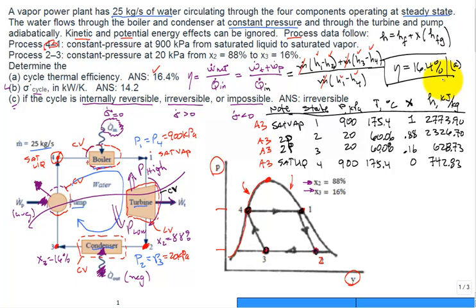So now, what is this term, this sigma dot for the cycle? Well, we're going to use the Clausius inequality. What's the Clausius inequality? It says that the integration over the cycle, that's why they put a circle right in the middle of the integral, don't just do it for half of it, but do it for the whole cycle, of the heat transfer. Sometimes I'll write it like del Q divided by T_B.